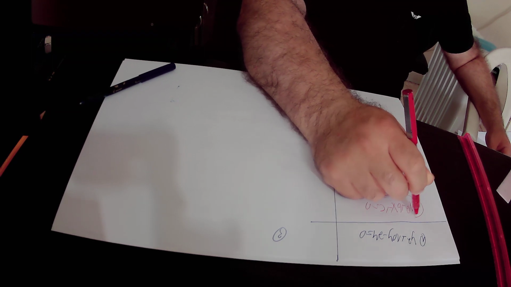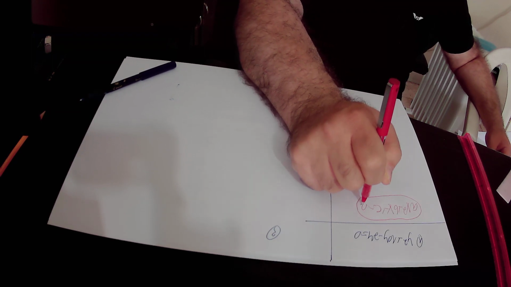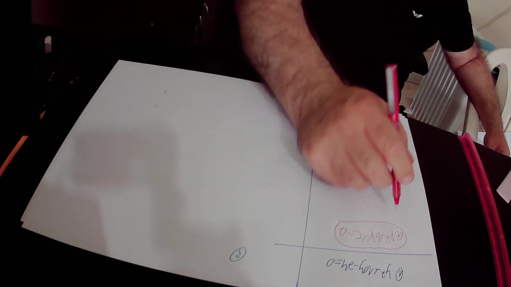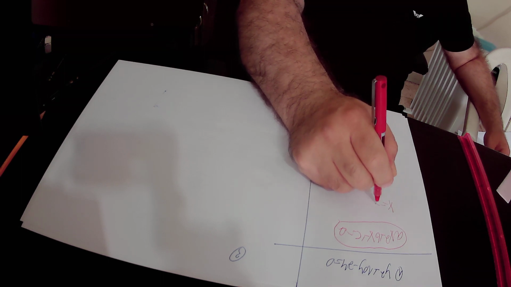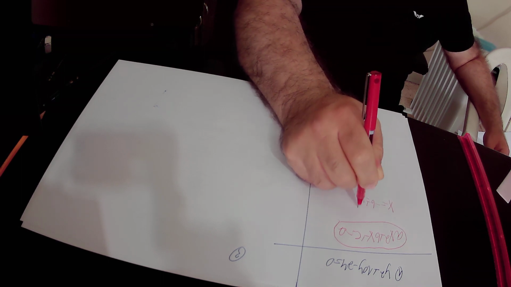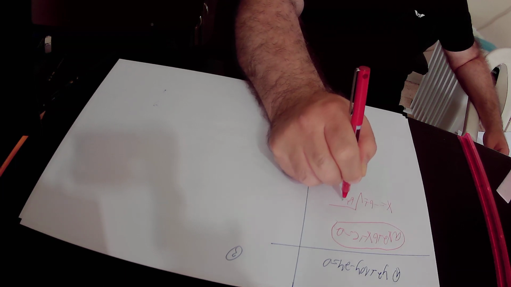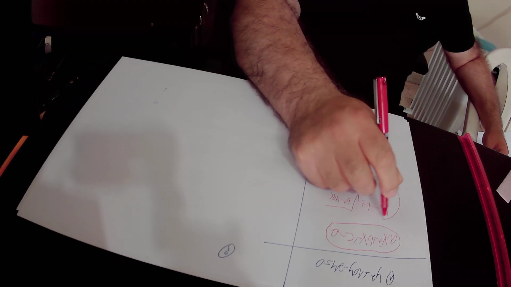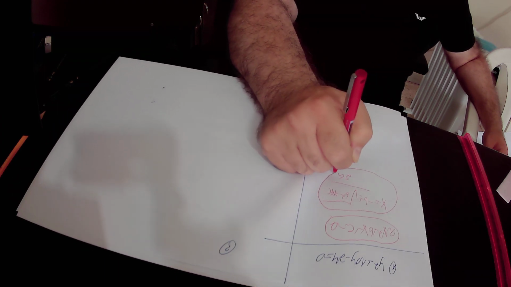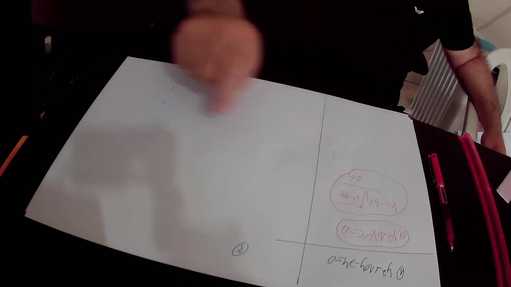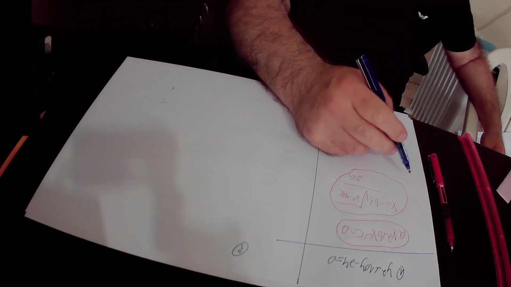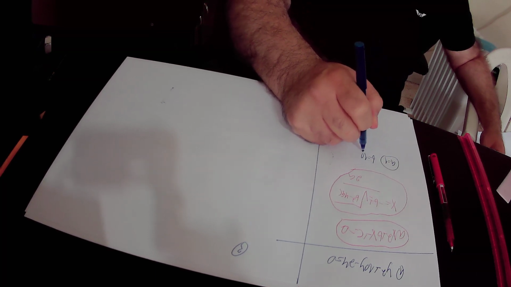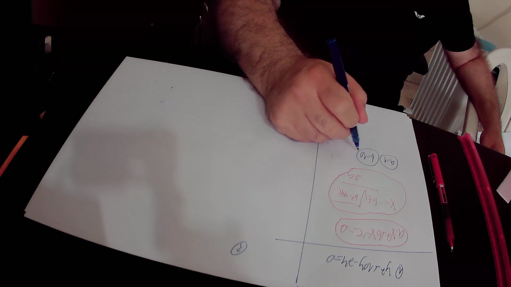Here a, b, and c are the coefficients of the quadratic equation, and x is the variable that we are looking for, and we will find the value of x according to the following formula. x equals minus b plus or minus the square root of b squared minus 4ac, over 2a. And in our specific quadratic equation, the coefficient a is equal to 1, the coefficient b equals 10, and the coefficient c equals minus 24.